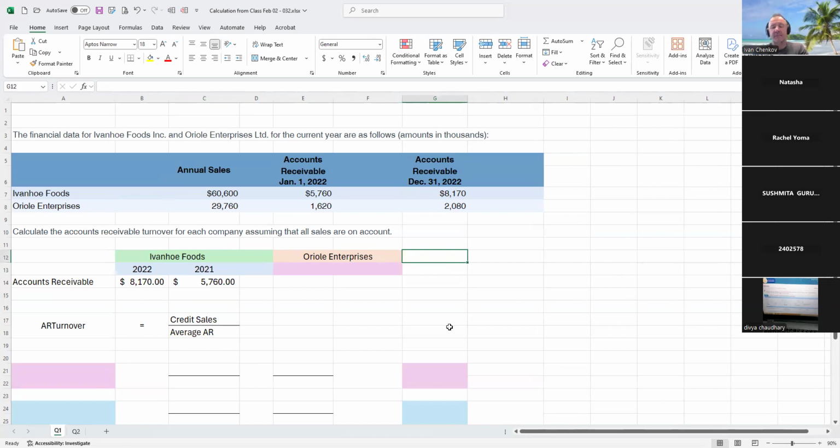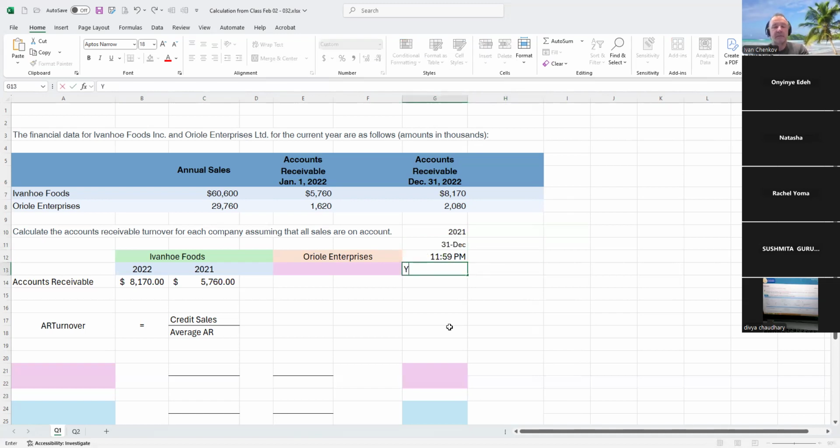Let's think about it. Let's say we are in year 2021. What's the ending date of the year? December 31st, right? What time? 11:59 p.m. So this is the end of the year.